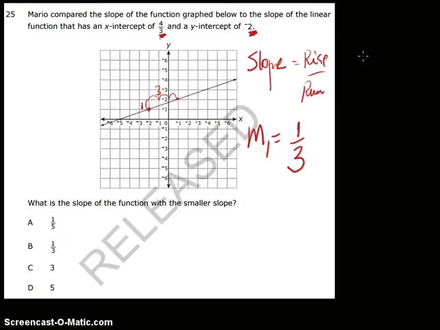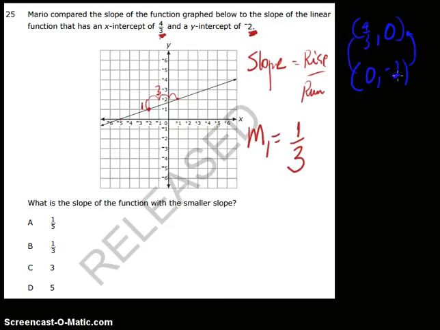I'm going to use the blue marker. In order to do this, let's use the x and y intercept. The x-intercept is 4 over 3, comma 0, and the y-intercept is x has to be 0, comma -2, and the slope is given by the difference between the y's divided by the difference between the x's.